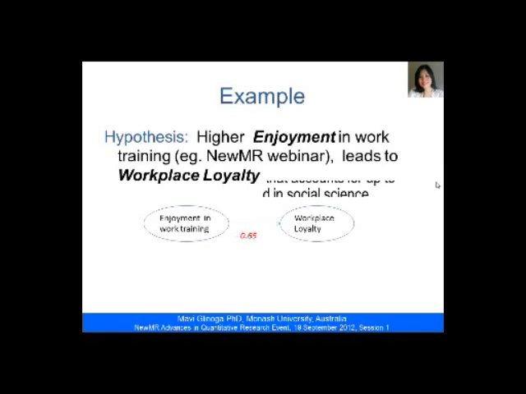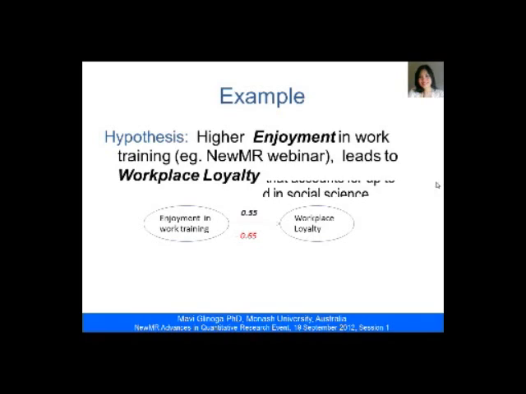But after detecting common method variance and adjusting the data, the true relationship between the two constructs is in fact a positive relationship, which is 0.55.